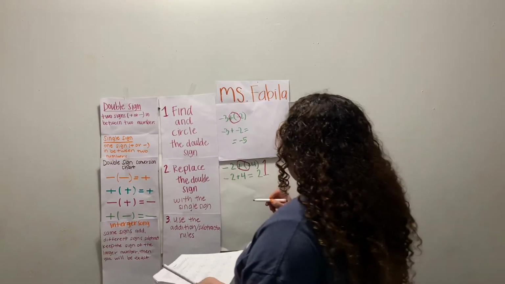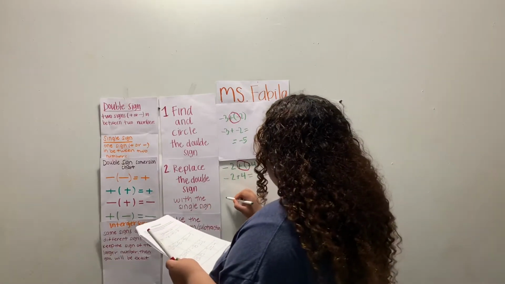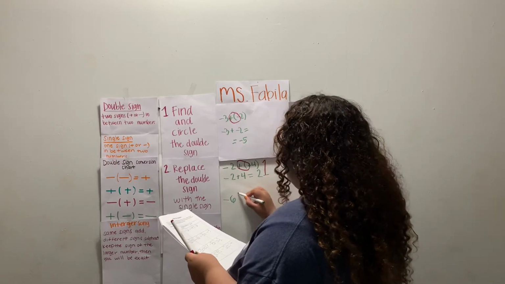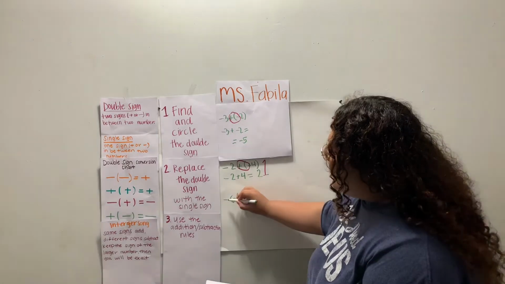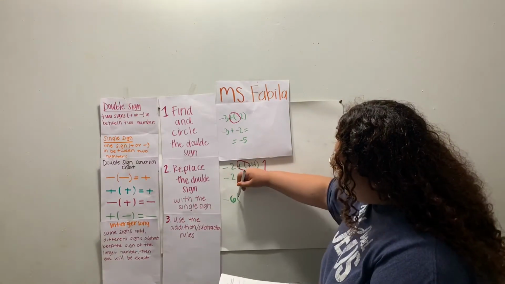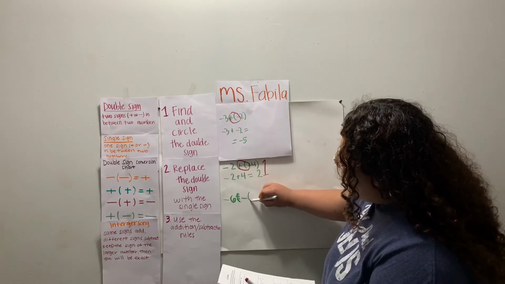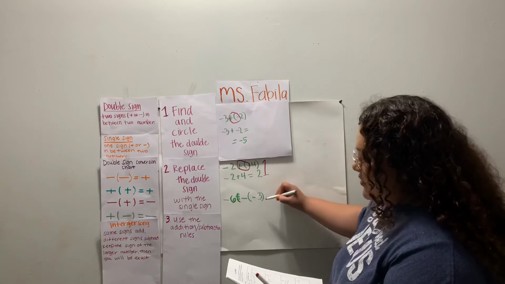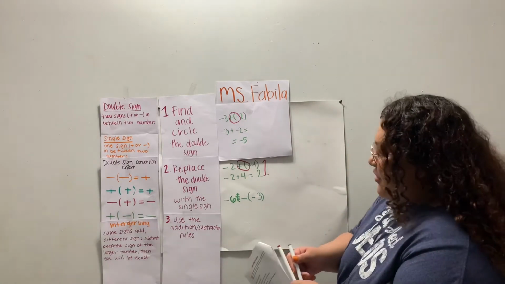Now let's do problem number 2. For problem number 2, we will be doing -6 minus parentheses -3. And then remember, we have to circle our double sign.